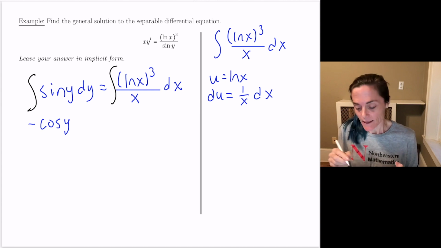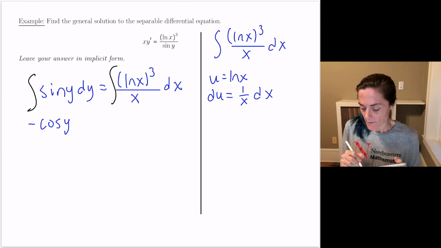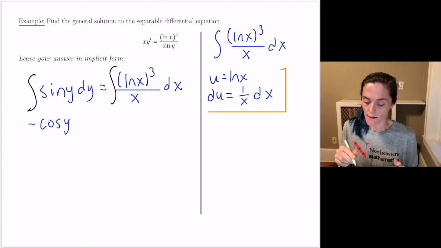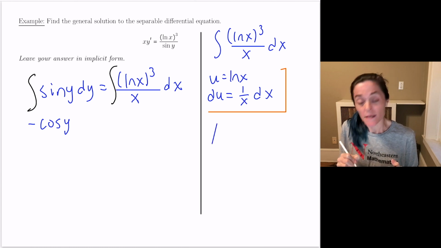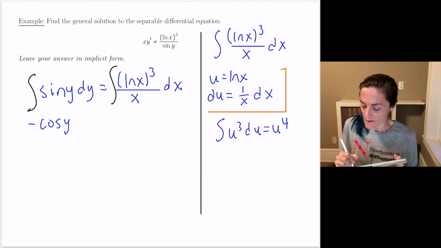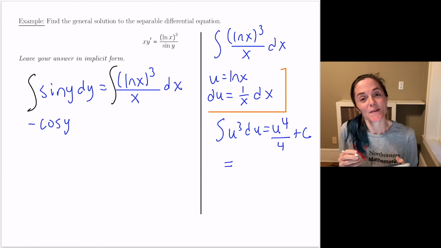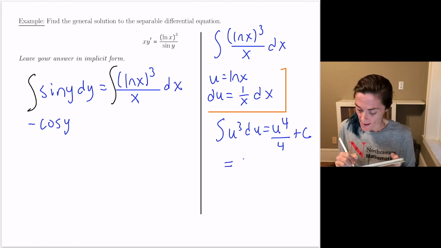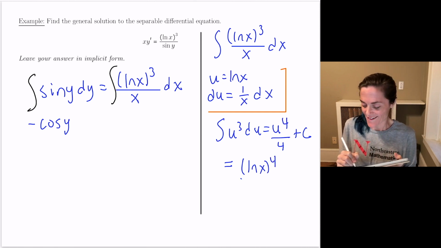Well, we have exactly du in our integral, so I can make my little box like this. Now, my integral becomes the integral of u cubed du. So we add a power, divide by the higher power plus c, and then we go back to x. So we have ln x to the 4th over 4 plus c.